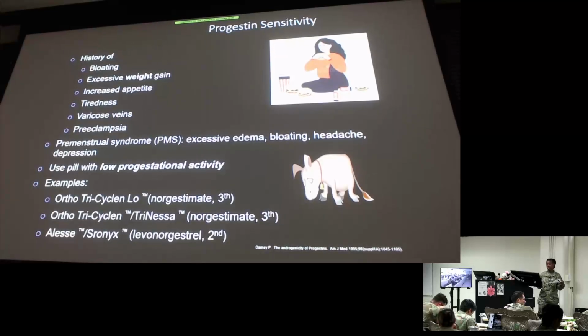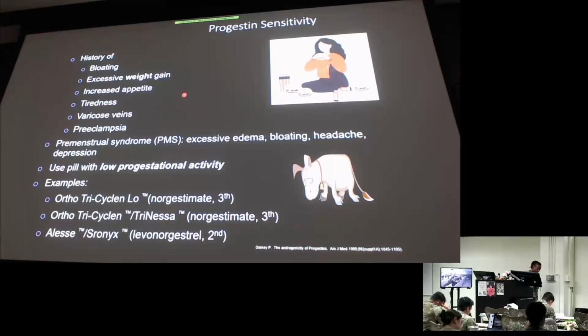So when I look at progestin sensitivity, think of being sad like Eeyore from Winnie the Pooh. That's why I have my little donkey there. So excessive weight, increased appetite, right? If my appetite is increasing, you should see some weight gain. You have bloating. They're just kind of tired and going through the motions.